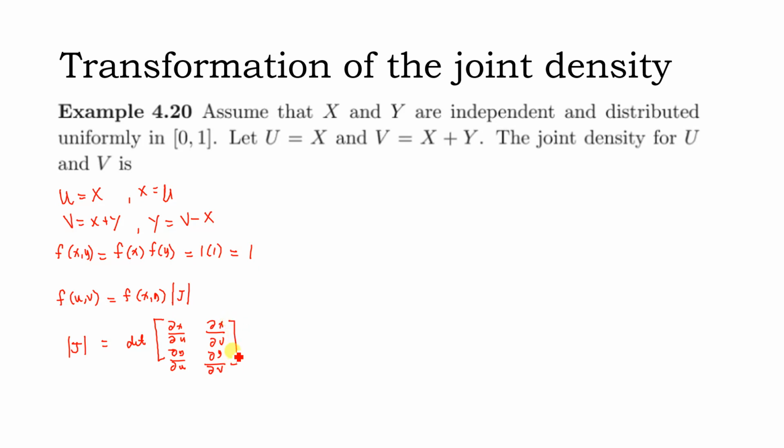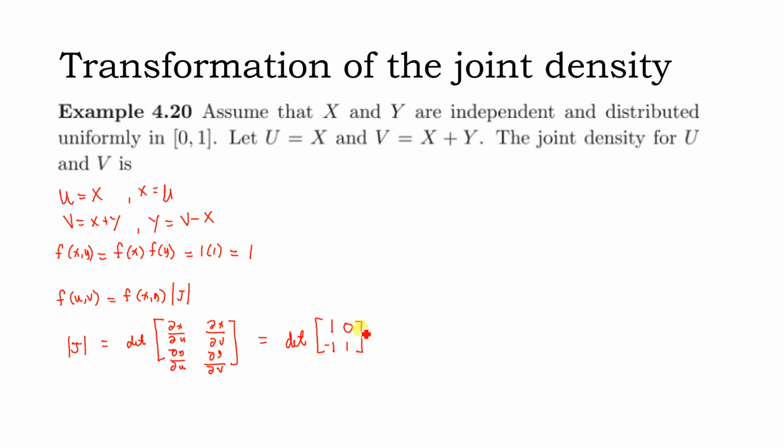So in this case, we can now have the partial differentiation of x over u is 1, of x over v is 0, and then of y over u is -1, and of y over v is 1.